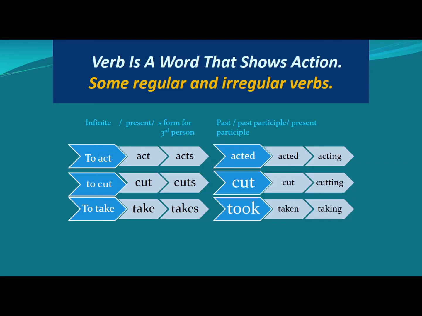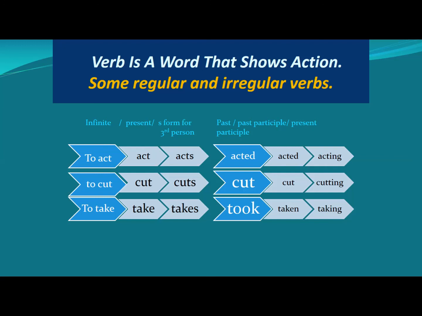Children, remember in the last lesson we learned about the verb, its definition, and did some practice using verbs in a sentence. As you all know, a verb is a word that shows action.